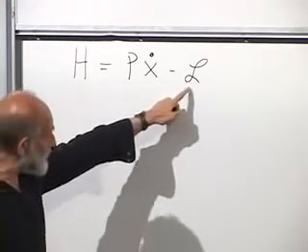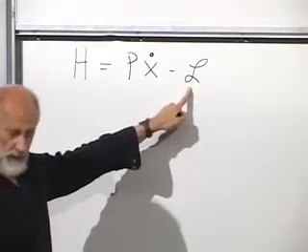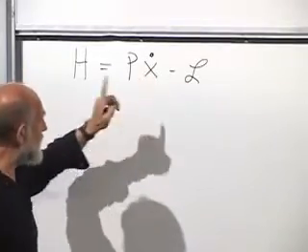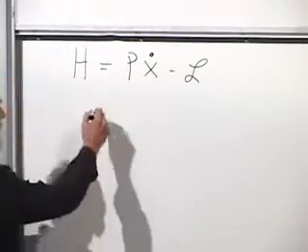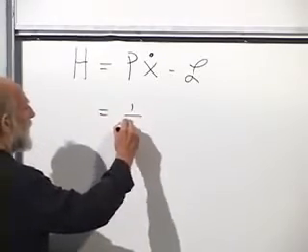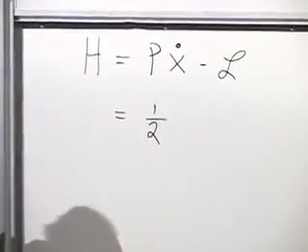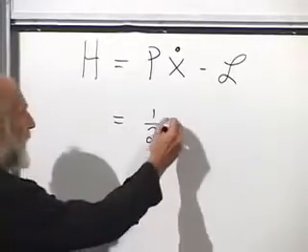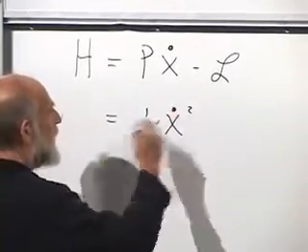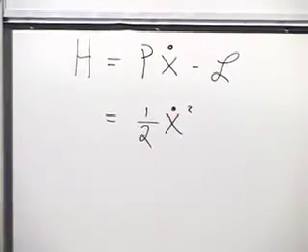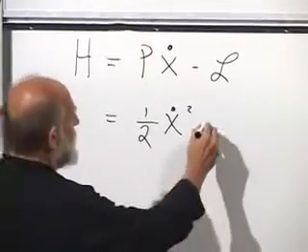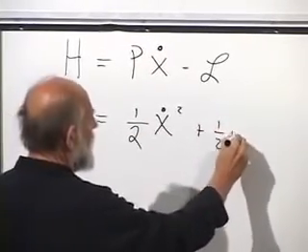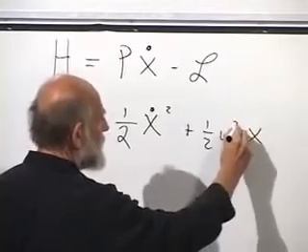The Lagrangian has minus the potential energy. The Hamiltonian has plus. The Hamiltonian is just 1/2 mv squared kinetic energy, which in our case is just x dot squared, plus the potential energy. Plus the potential energy now means plus 1/2 omega squared x squared.